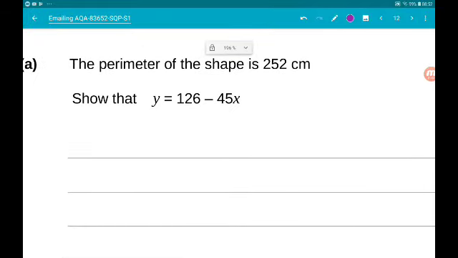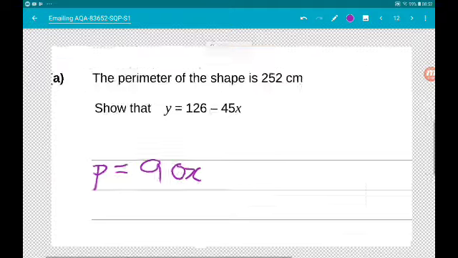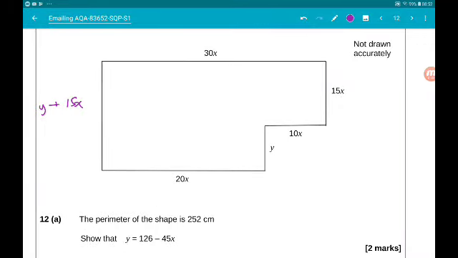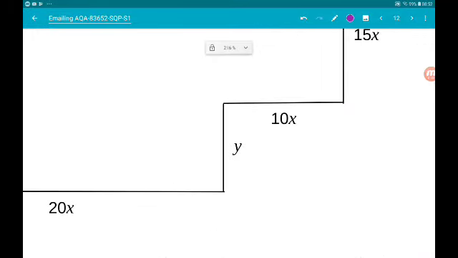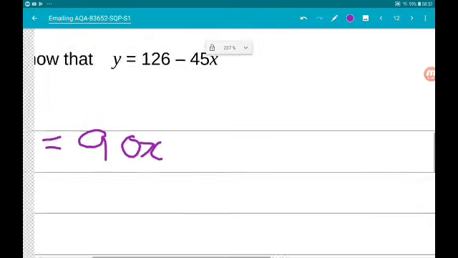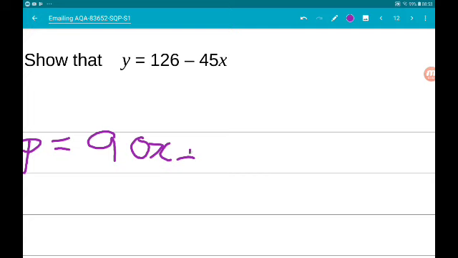So the perimeter is 90x. And then let's add the y's. So we got a y on the left, and then this one y down here. So we know then that 90x add 2y is equal to the perimeter, which is 252.